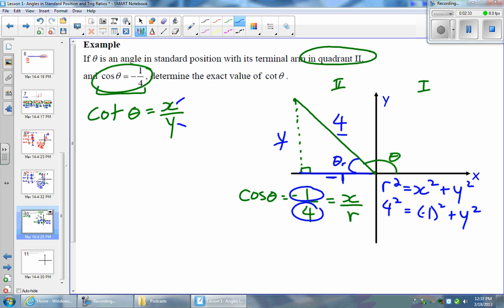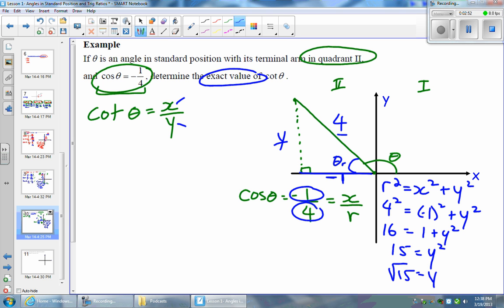We're going to do some isolating here. So we have 16 is equal to 1 plus y squared. 15 is equal to y squared. And finally, my y value is going to be the square root of 15. Once again, we're going to leave that as a radical because we want to find exact values.